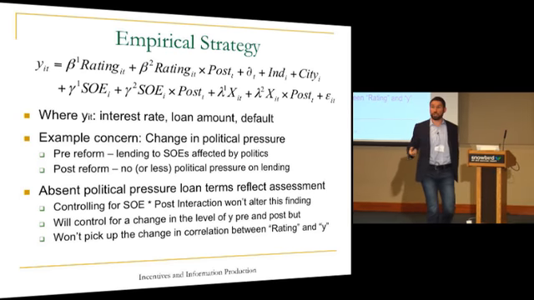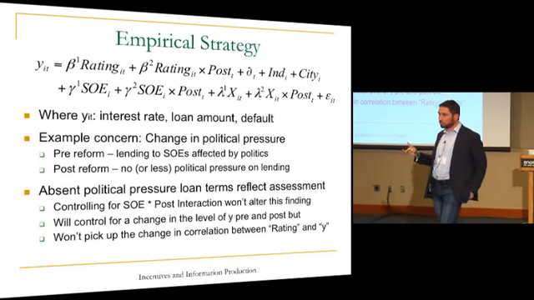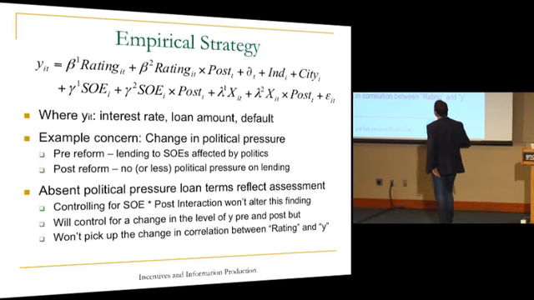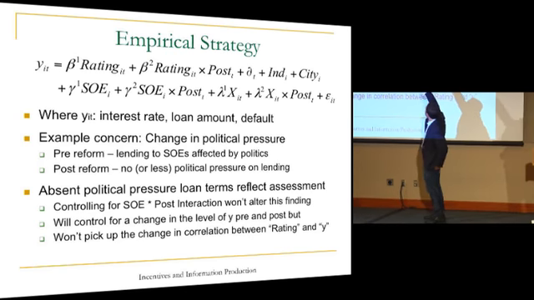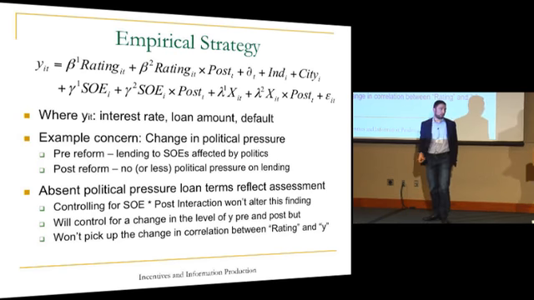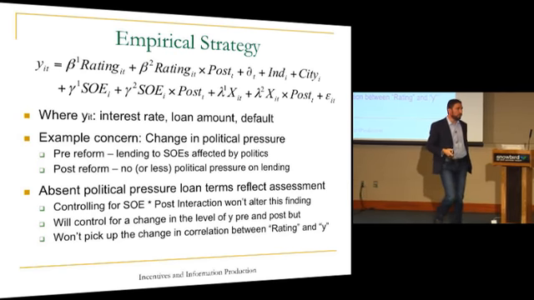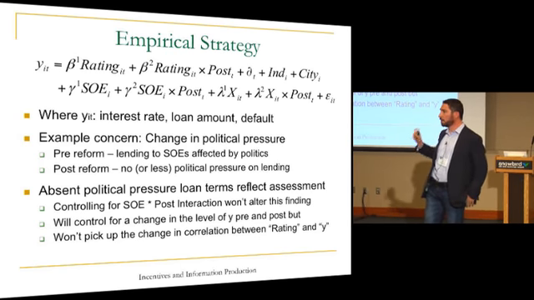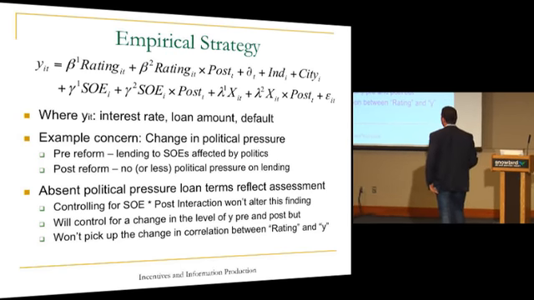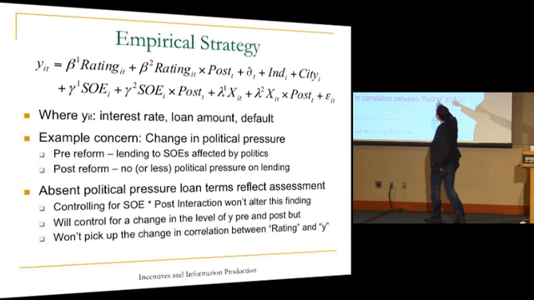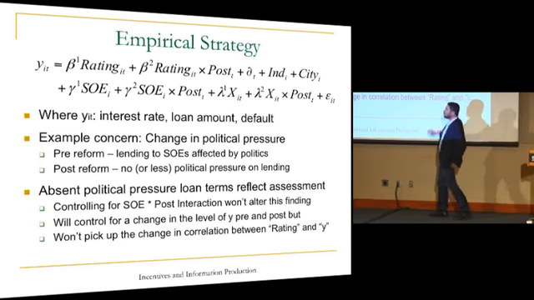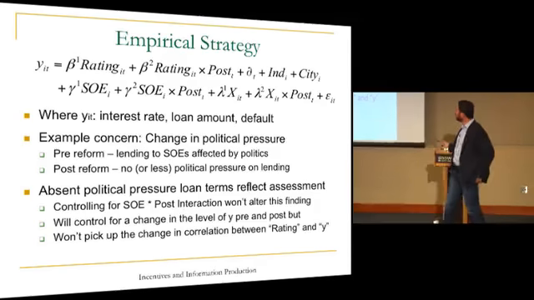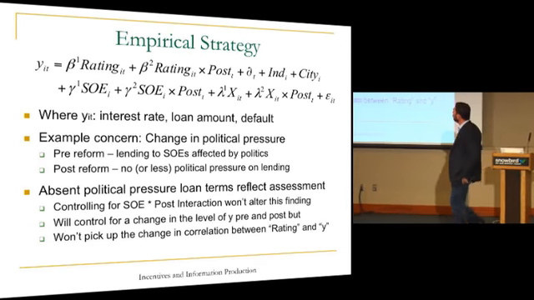Now that will pick up a change in the level of the interest rate that might be induced by being a state-owned enterprise, but it's not going to do anything to control for the fact that the rating may become more correlated with the interest rate. So all that's going to do is allow for the level of the interest rate to change pre and post, but it's not going to adjust for what we're really interested in: that slope could be changing due to an induced change of the correlation between rating and whatever we're looking at, interest rates, lending amounts, and so on.